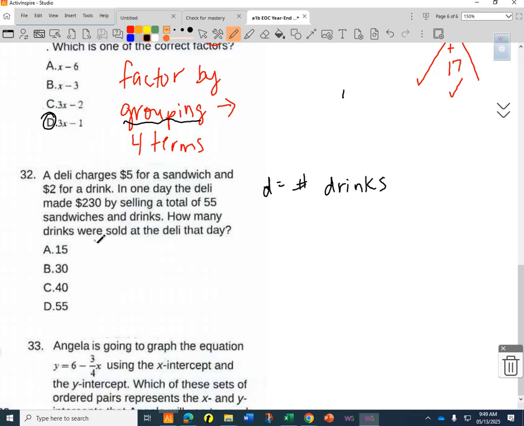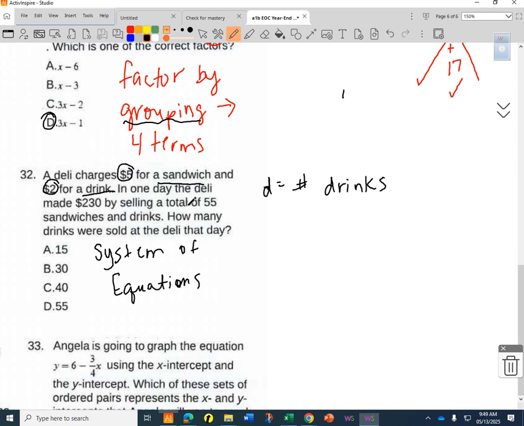This is a system of equations problem again. If we looked at this problem, there are 2 equations we can write based on the information they give us. They tell us that all the sandwiches are $5 each. All of the drinks are $2 each.